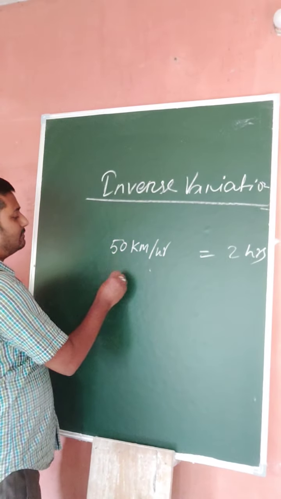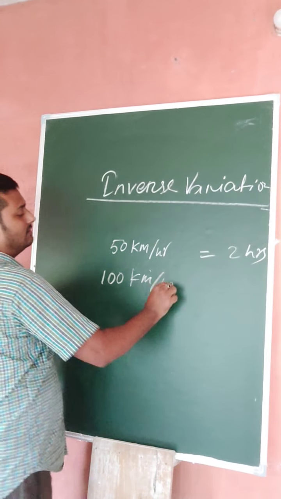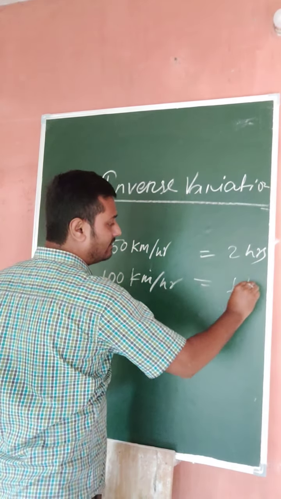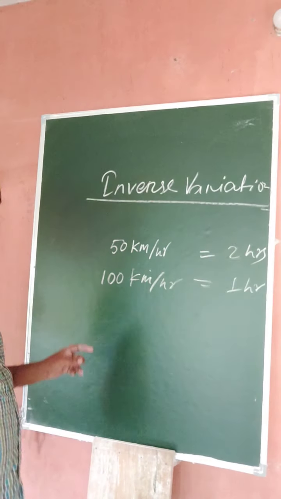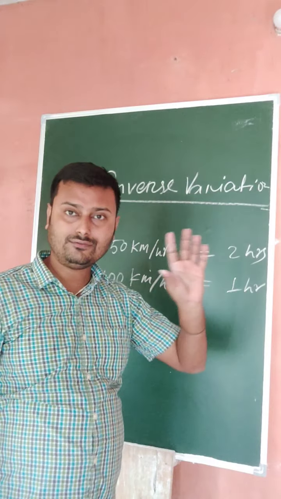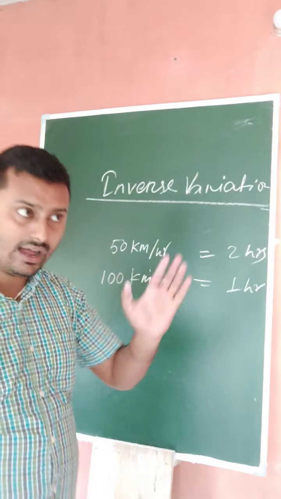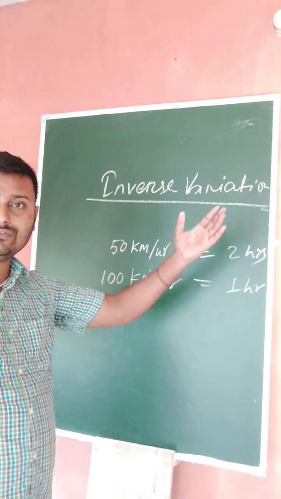Then suppose you increase your speed to 100 kilometer per hour. Then the time will be 1 hour, because 50 kilometer per hour means what? In 1 hour you can cover 50 kilometer.